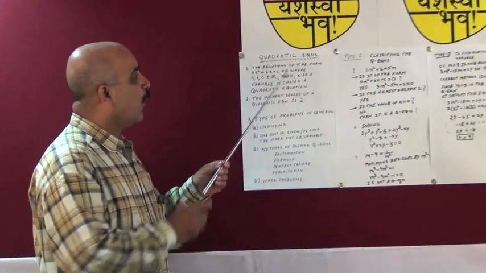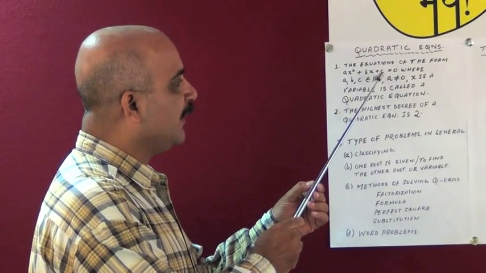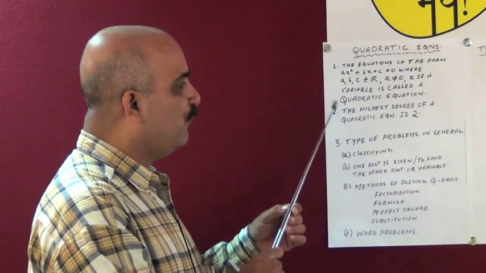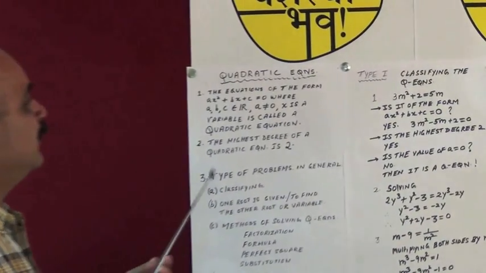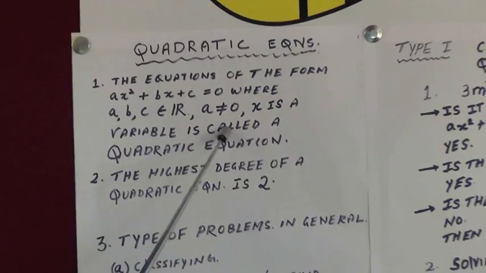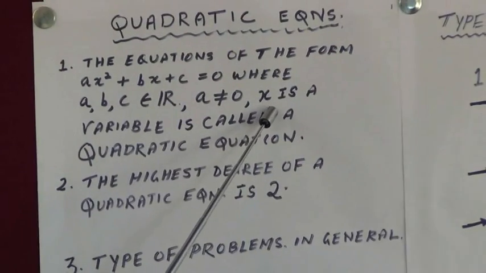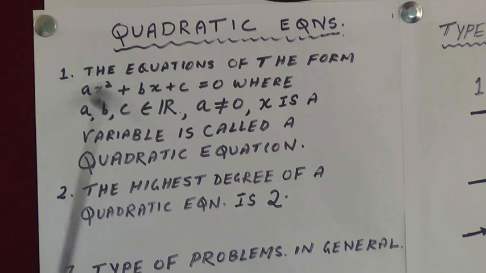The equations of the form ax square plus bx plus c equal to 0, where a, b and c are real numbers and a is not equal to 0. Moreover, x is a variable, then we say that this equation is a quadratic equation.